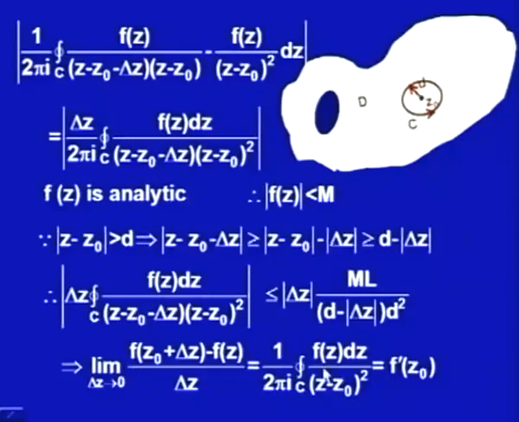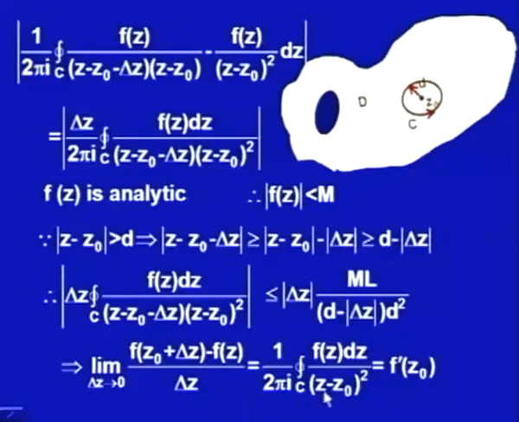You see, f of z naught, we had started as the form of an integral using the Cauchy integral formula, 1 upon 2 pi i integral over the closed contour C of f(z) upon z minus z naught. That was where f(z) was analytic. Since f(z) was analytic, we had shown that f dash z naught is this one.